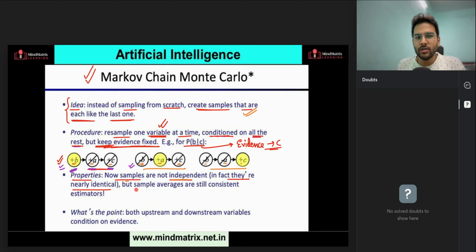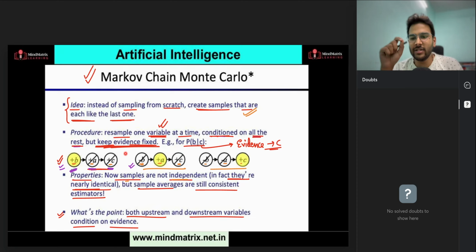Fine. So samples are not independent. In fact, they are nearly identical, but sample averages are still consistent estimators. So if you take the average of it, you will still be able to estimate it properly. So what is the point here? The point is both upstream and downstream variables condition on evidence. Keep the evidence fixed.